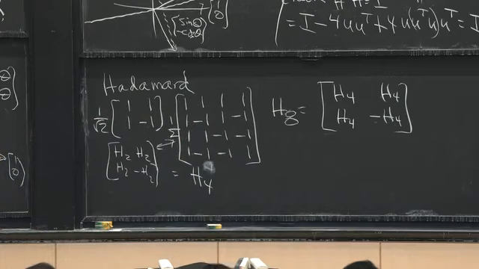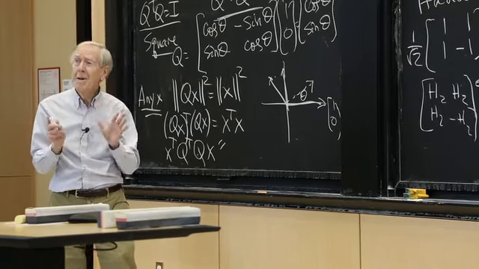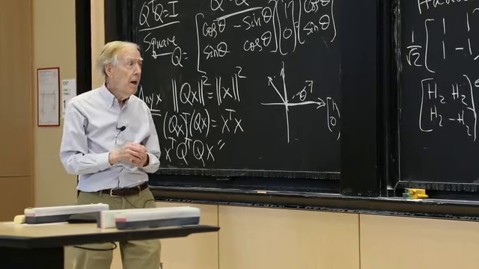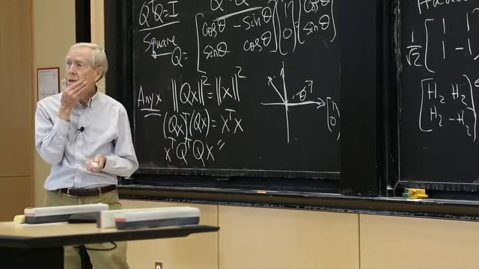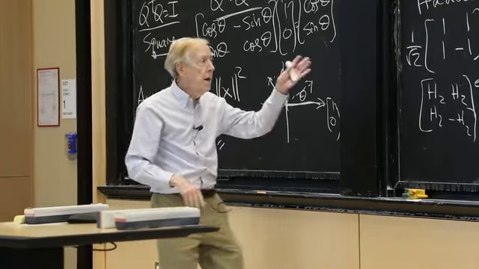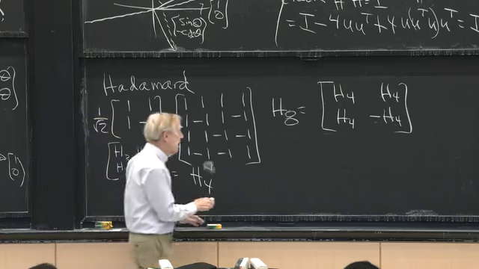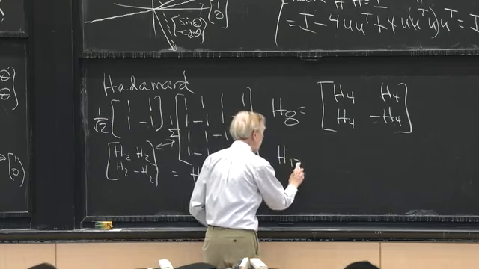And we could keep going to 16 and 32 and 64. But then up comes a question. What about H12? Is there a matrix of 1s and minus 1s of size 12 by 12?